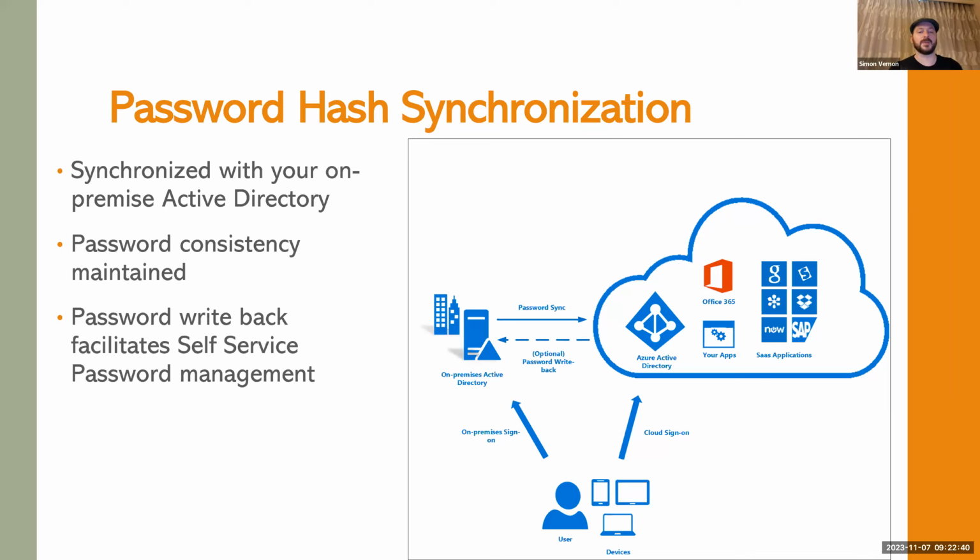Everyone's on desktops and laptops, maybe tablets, mobile phones, etc. They're utilizing Microsoft 365 productivity services. They want to be able to access those without having to repeatedly log in or have multiple sets of usernames and passwords to access that service. We use password hash synchronization to synchronize the user accounts between our on-prem and our online services.